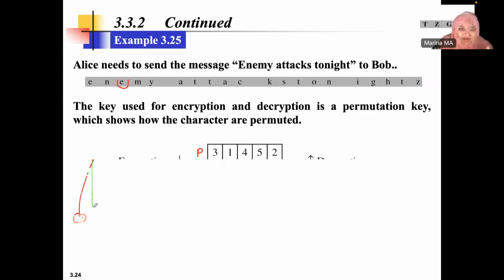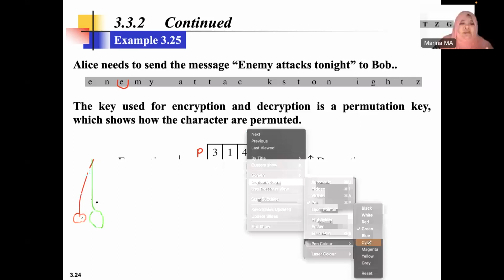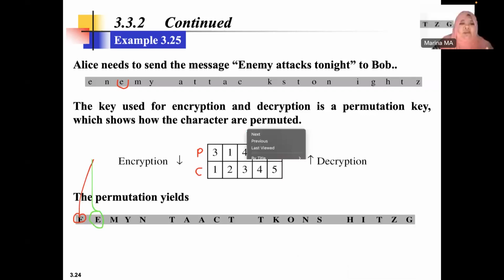So this is this E. Okay, one more. The fourth position becomes the third position. Where is the fourth? Fourth is here. It becomes the third position. That's how you write it down. The fifth position becomes the fourth position. So this is the key. You need to use this.